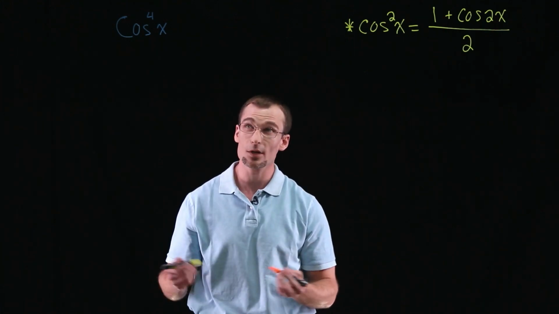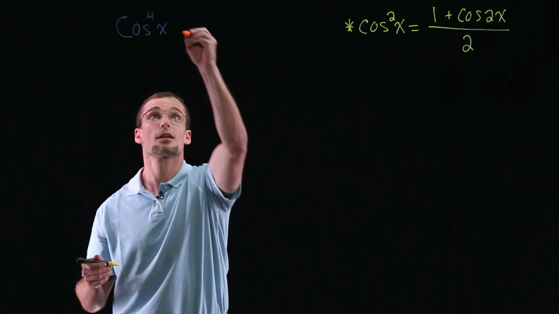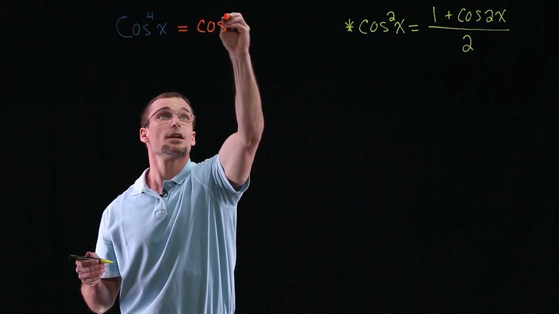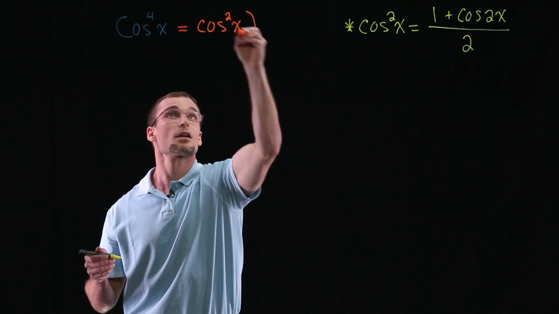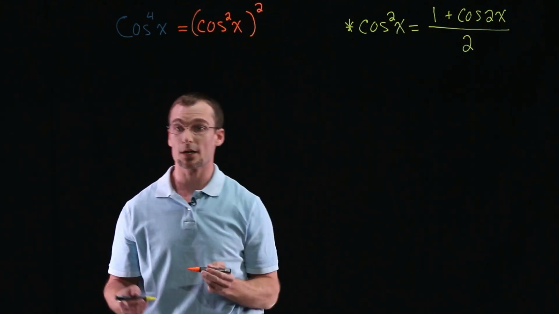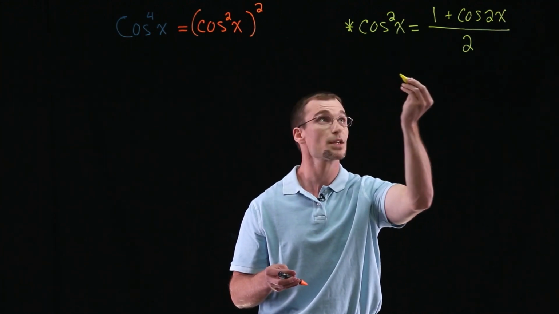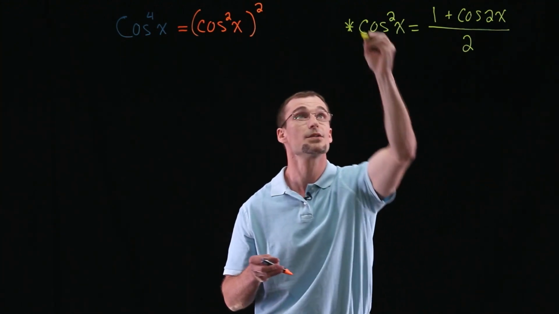Well, we have cosine to the fourth of x. Well, we know that we can write that as, say, cosine squared of x, squared. And that gives us a place to start. Because if we look over here, we have cosine squared of x is equal to 1 plus cosine 2x divided by 2.